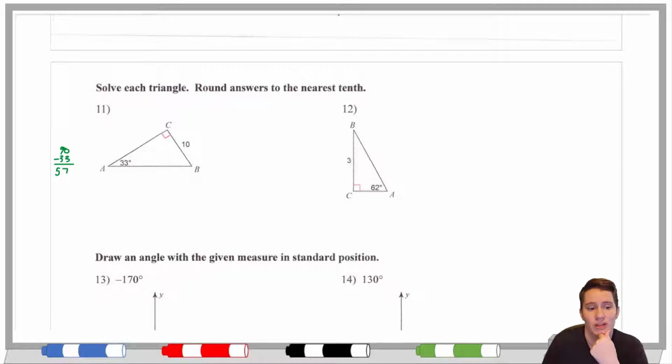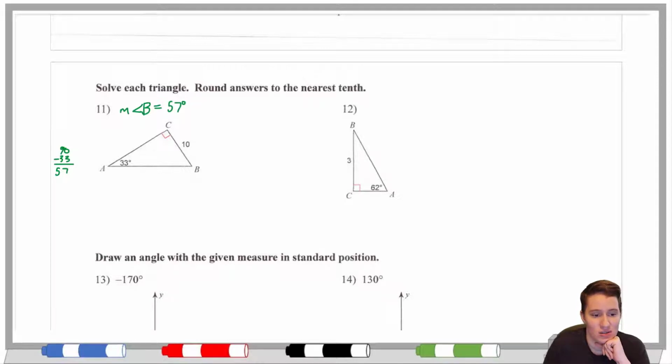So angle B is 57. It may be a while since you've written an angle symbol like that, and we actually probably should put an M if we're really trying to be geometrically correct here. The measure of angle B is 57.